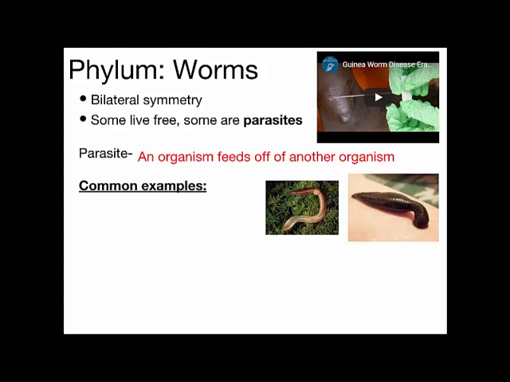They then fill up with blood from that organism, and then they fall off and they go digest that blood. They have in their saliva chemicals that sort of numb the area. They also have chemicals that are anticoagulants, so that when they bite the organism, its blood doesn't clot. It continues bleeding while they're attached, so that blood will enter them.